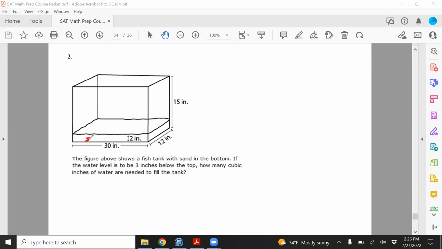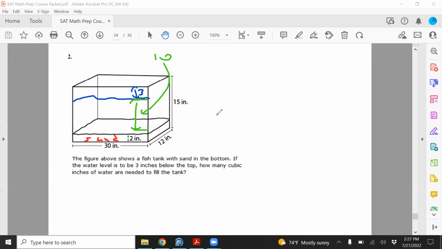If the water level will be 3 inches below the top, so that'll be 3. So you have to figure out what that's going to be. That should be 10, I believe.